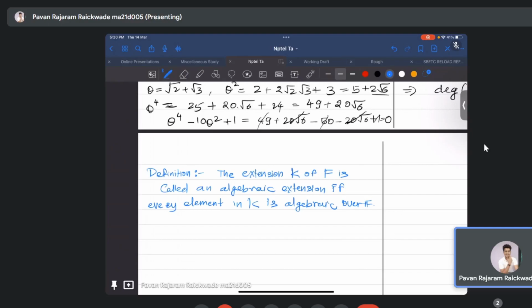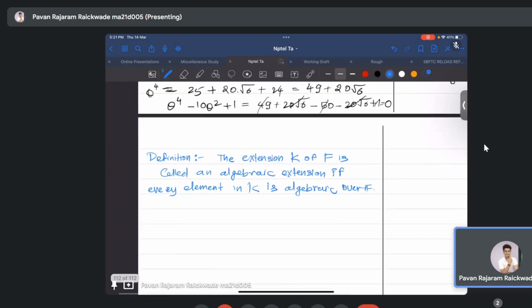So now we'll see what examples we have of algebraic extensions. What we'll prove next is the following theorem. Every finite extension is algebraic. Okay, this is what we're going to prove.